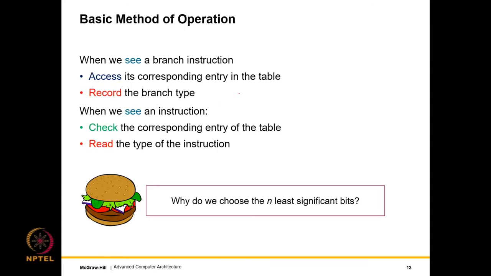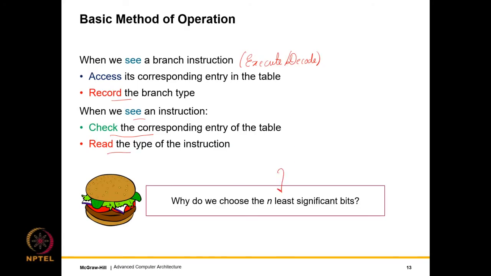So this is the basic method of operation, where essentially we see a branch instruction, we see its PC, we access the entry in the table, and we record the branch type. And when we see an instruction at fetch time, this will of course happen at execute time when we know that an instruction is a branch, or maybe at decode time also, doesn't matter. But when we see an instruction and we don't know if it's a branch or not, we check the corresponding entry of the table and we read the type.